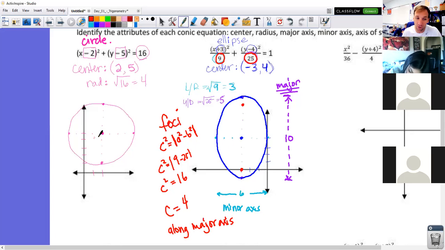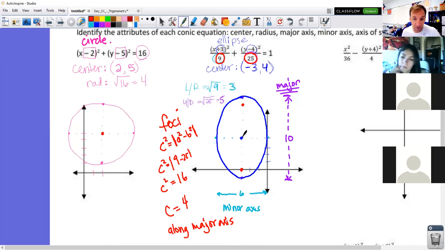Okay, for a circle, the focus is the center of the circle. It's the same spot, okay, which makes it nice and round and even and beautiful. Okay, the closer these foci are to your center, the rounder your ellipse is going to be. And the farther away they are from the center, the more stretched your ellipse is going to be. Okay, so these are the points that determine the ovalness, if you will, the ellipticalness of your ellipse.